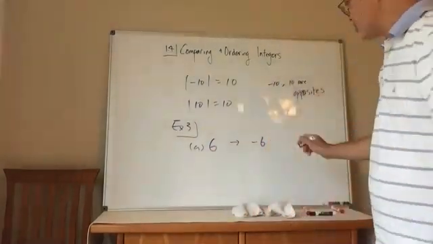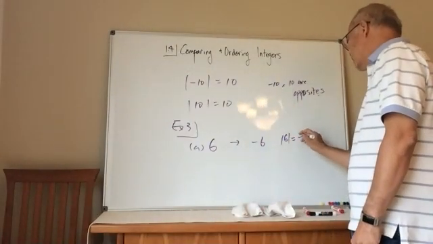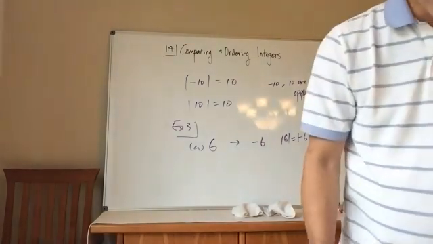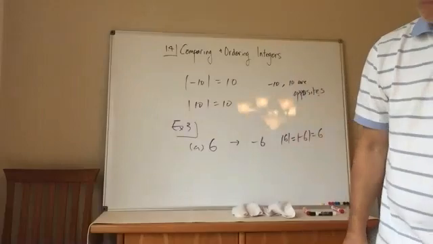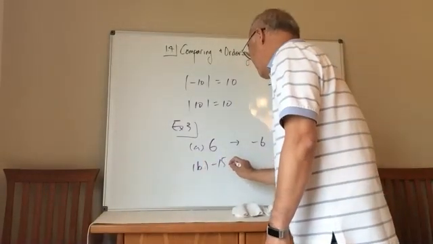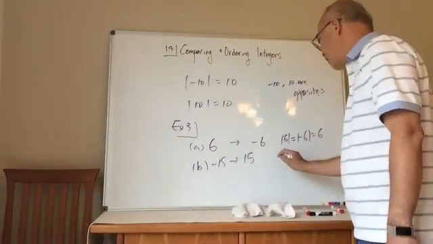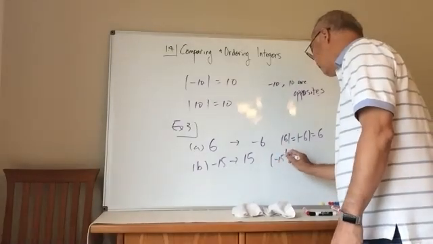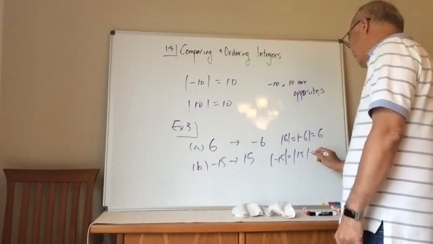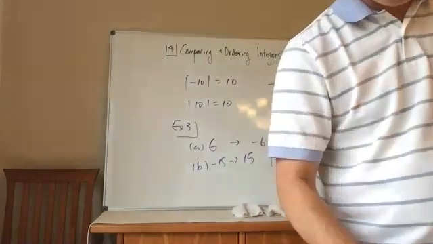In other words, if I wrote this mathematically, I would say the absolute value of 6 is the same as the absolute value of negative 6, and they're both 6. Okay. B, the opposite of negative 15 is going to be 15, right? Because again, the absolute value of negative 15 is the same as the absolute value of 15. They are both 15, so they are opposites. Okay.